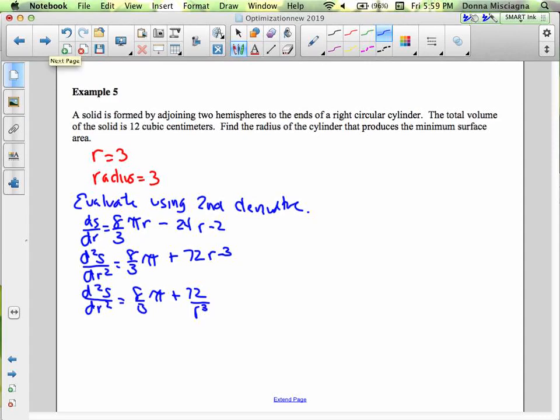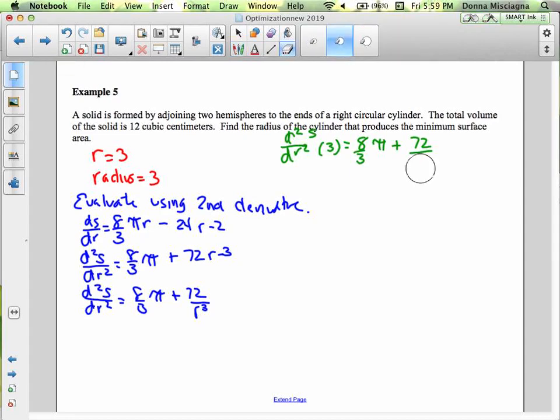And now we're evaluating it when r is 3. So d2s/dr2 at 3 is 8/3 pi plus 72 over 3 cubed. That's going to be 8/3 pi plus 72 divided by 27.